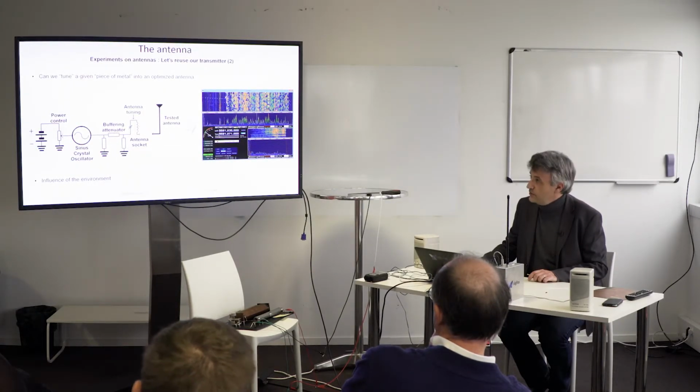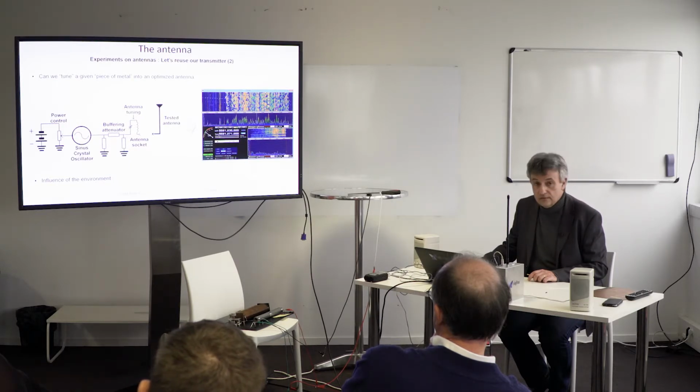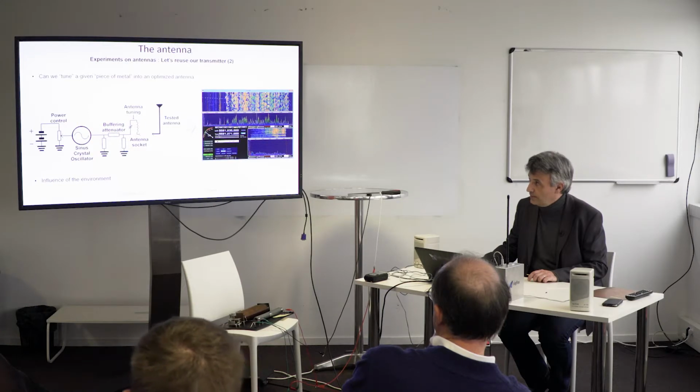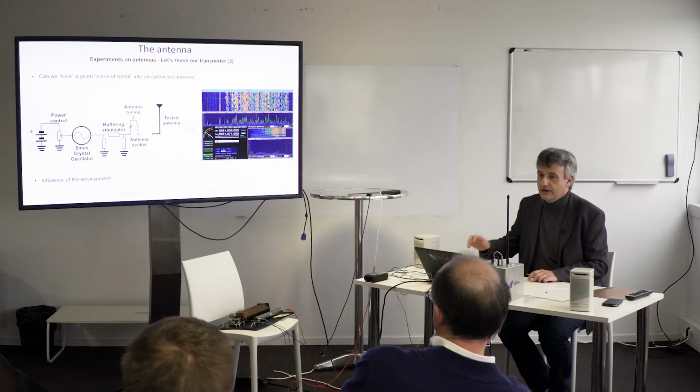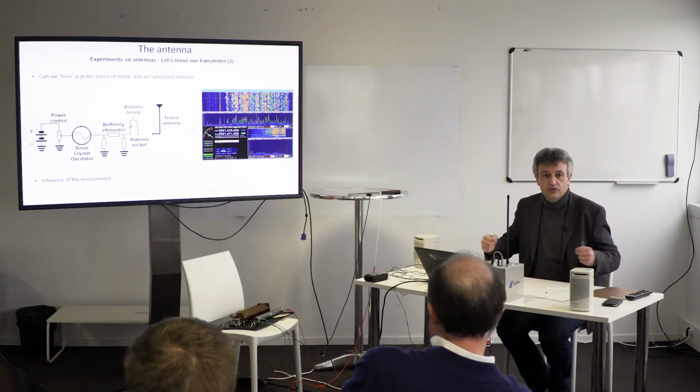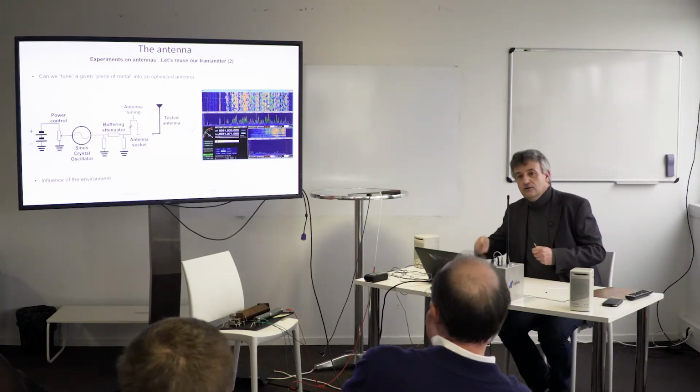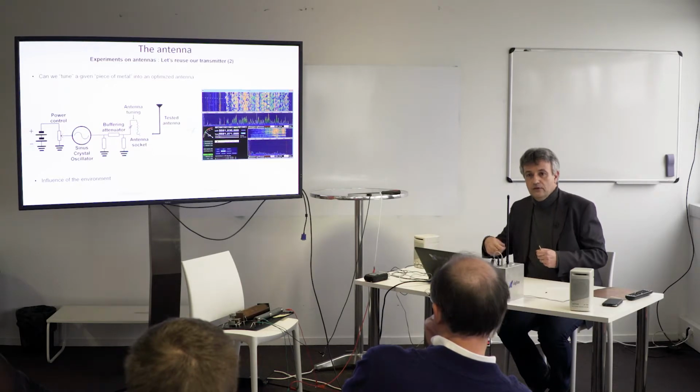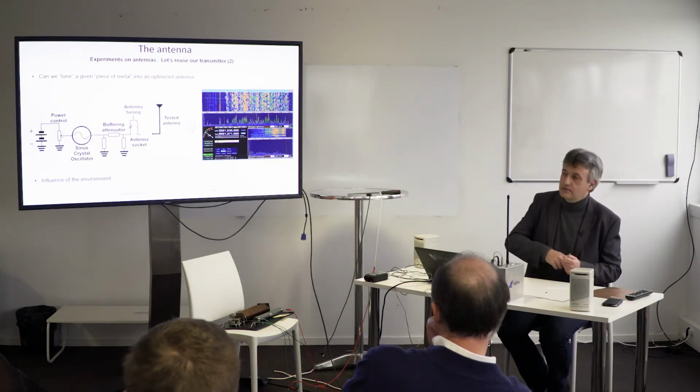We can switch from a direct path. So far, we had a direct connection from here to here. And now we are going to insert those two components. Fundamentally, those two components are equivalent to a coil which is trimmable. So it's like if I had a coil that I could adjust, so I could add wire or subtract wire.